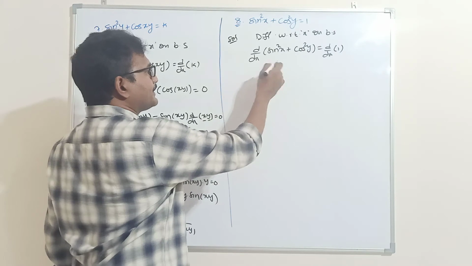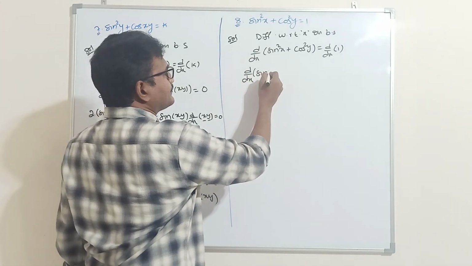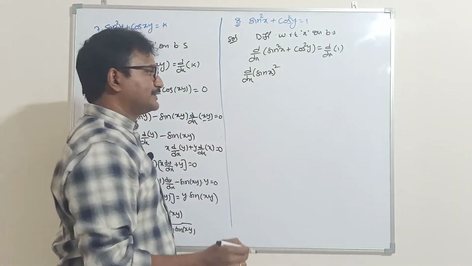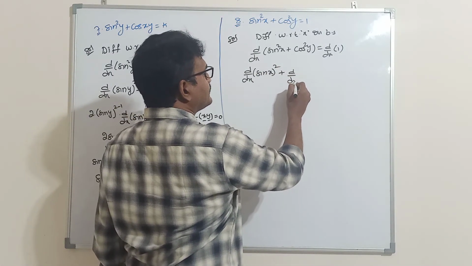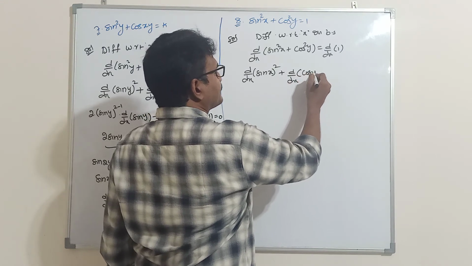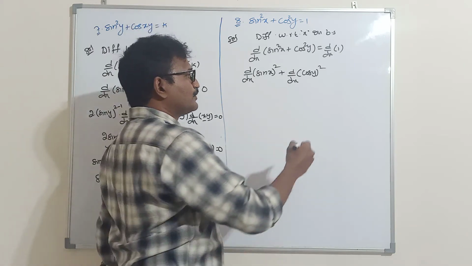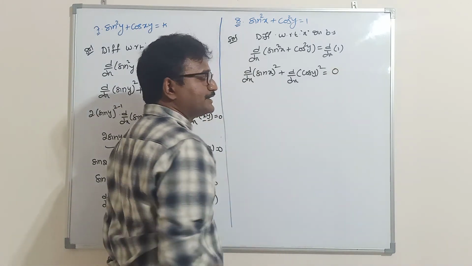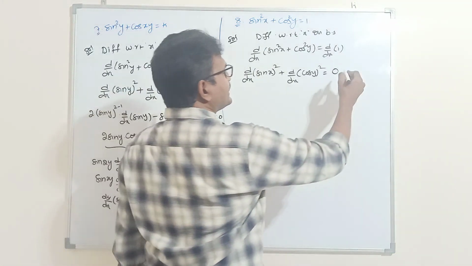Next, separate the derivative for each function. d by dx of sine square x, which we can write like this, sine x whole square, plus d by dx of cos y whole square, that is the derivative of cos y whole square, is equal to the derivative of 1, which is 0.